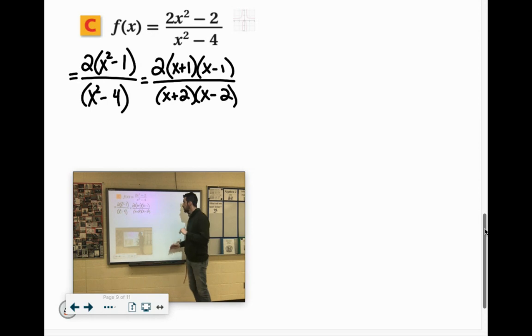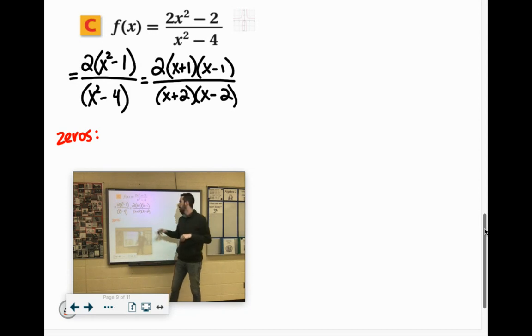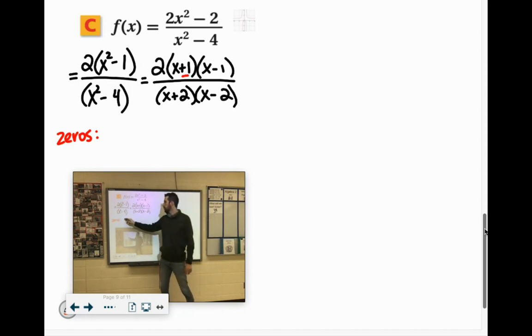So zeros, remember, deal with our numerator. It says x plus 1, so our zeros would be at negative 1, and it says x minus 1, so our 0 would also be at positive 1.